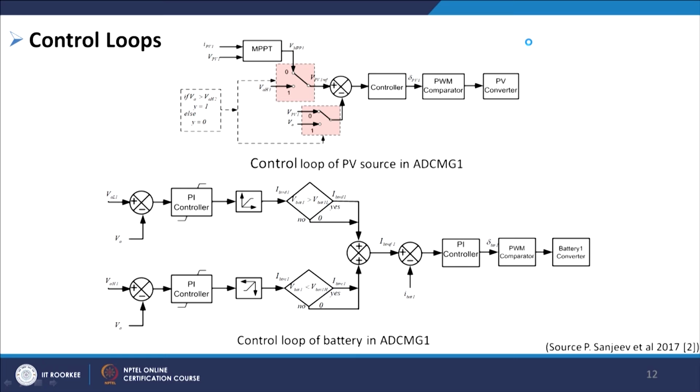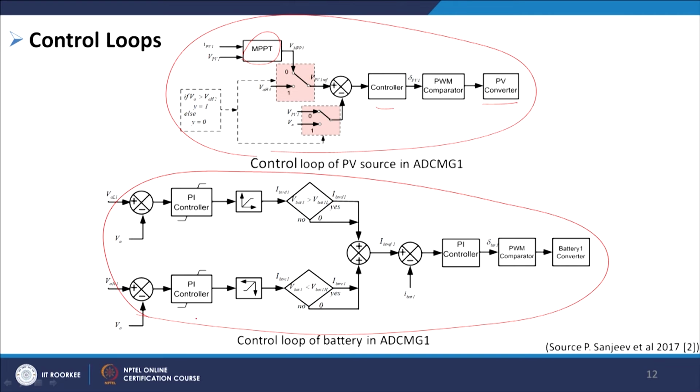Now, this is the control loop of the battery of my autonomous DC microgrid 1. We can see the MPPT operation, we have a controller and finally the two PV converters. So, this is the control strategy for my PV and we can have this control strategy for my battery.